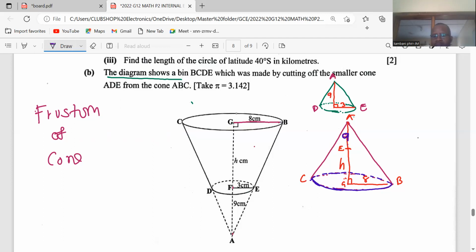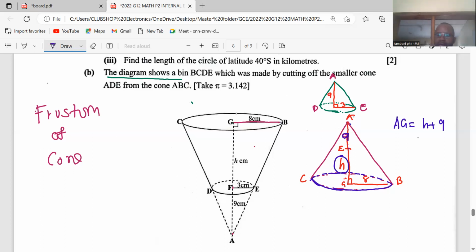So, meaning therefore that when you look at the height, if you look at AG, AG is going to be H plus 9.